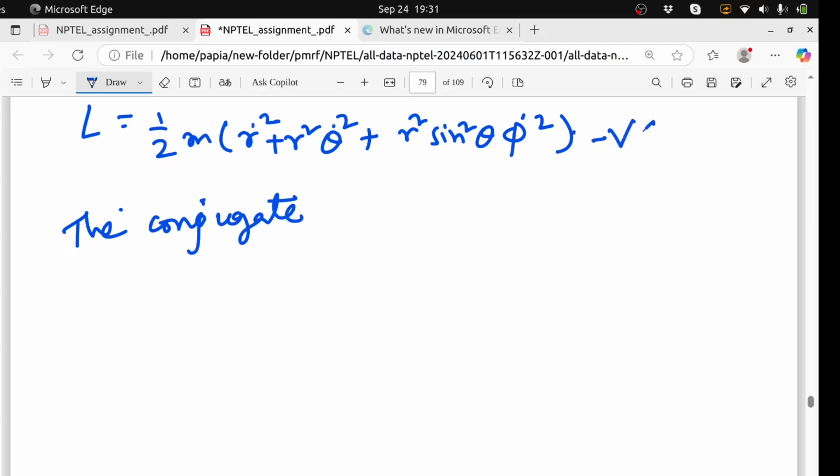So here it will be minus V of r, theta, phi, because T was half m.